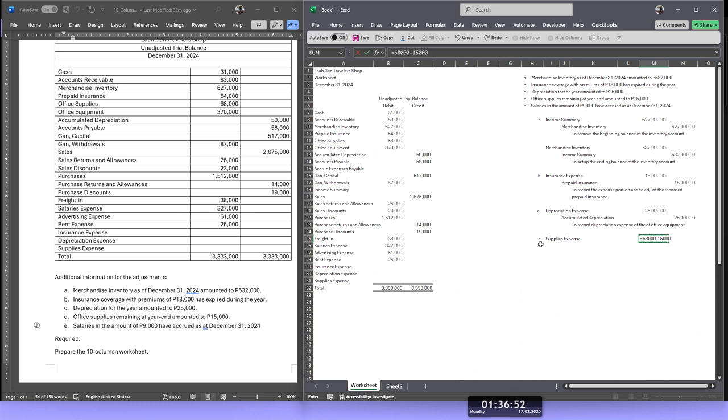And the net difference is the office supplies used during the year, which is 53,000.